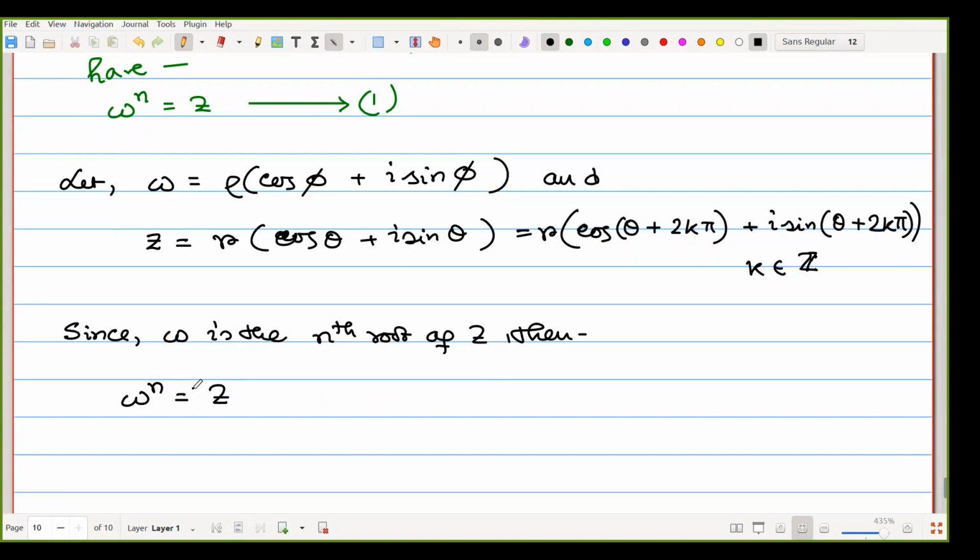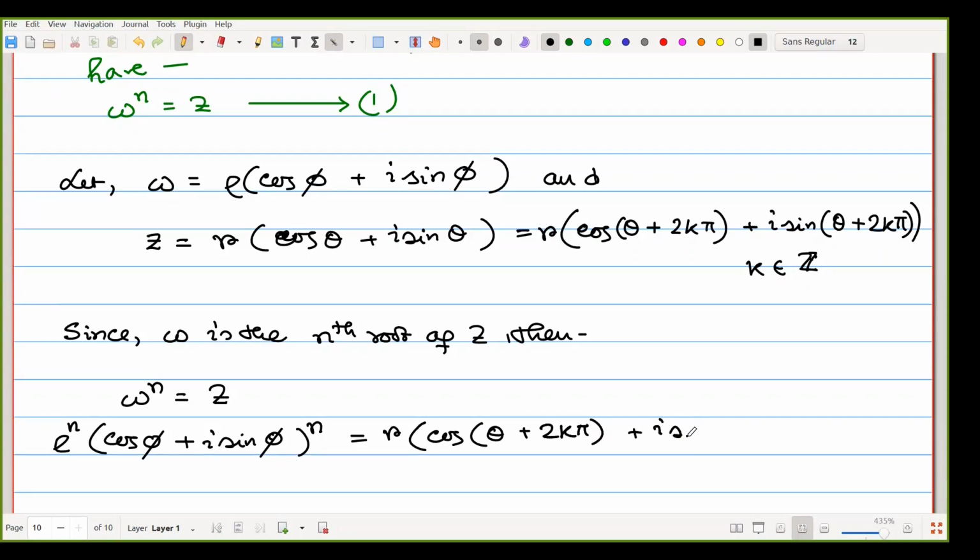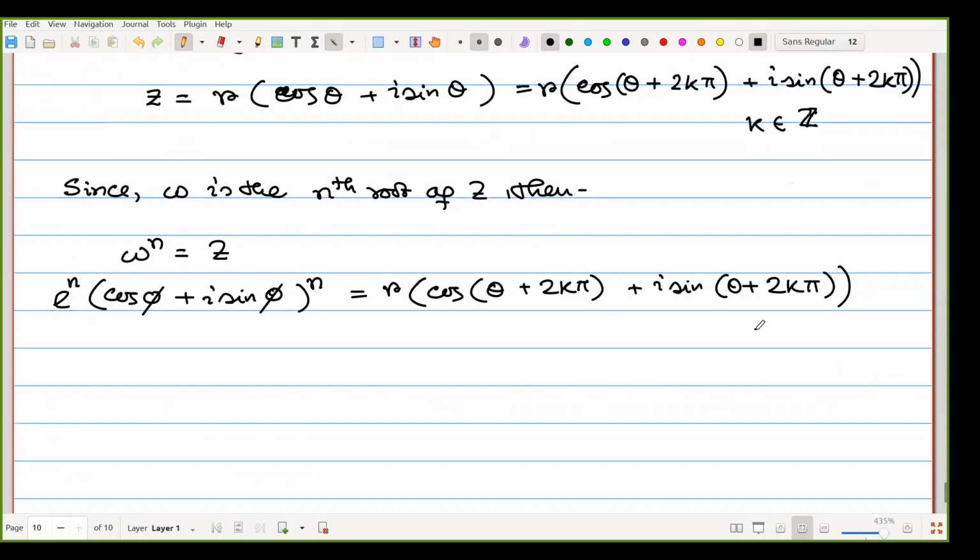So just write down omega to the power n: rho to the power n, cos phi plus i sin phi, whole to the power n, is equal to, on the right hand side, r times cos of theta plus 2k pi plus i sin of theta plus 2k pi, where k belongs to z.